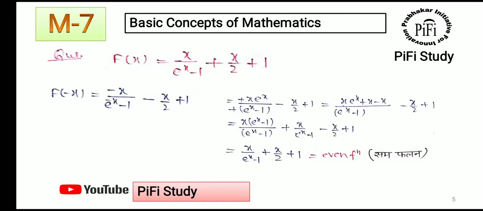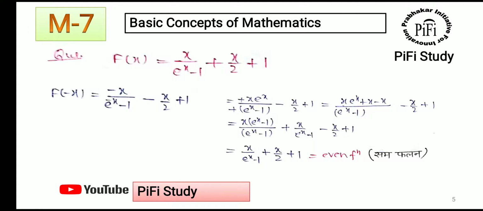So here in the first line, second part, x e to the power x divided by e to the power x minus 1. On the numerator side add plus x and subtract x, then you will get x times e to the power x minus 1 divided by e to the power x minus 1 plus x upon e to the power x minus 1 minus x by 2 plus 1.